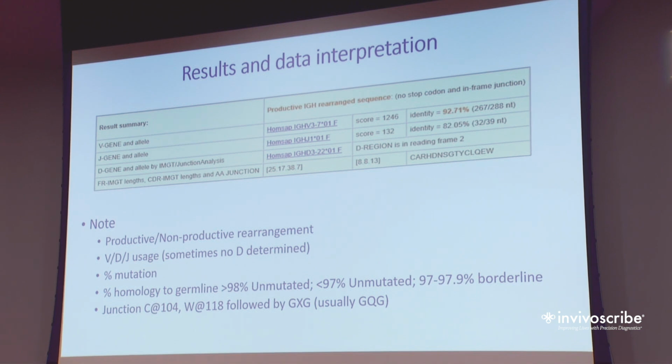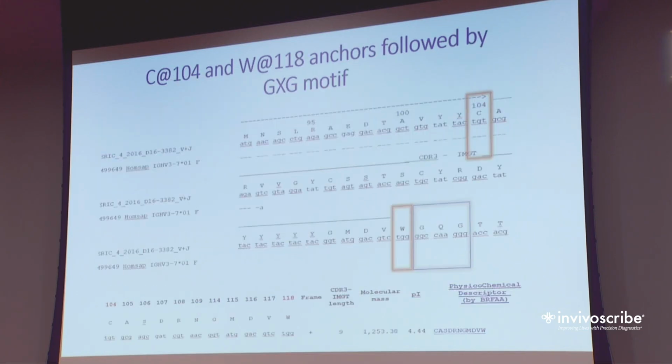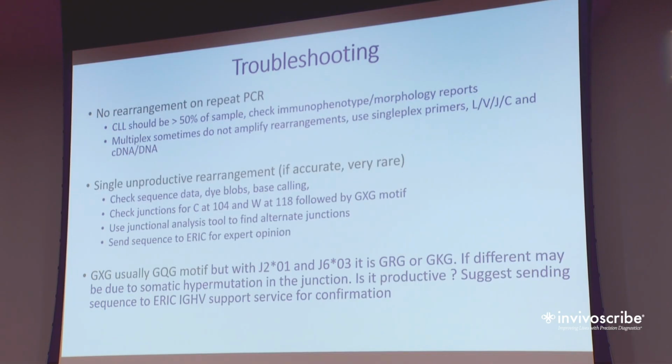In the FR4 region, there should be a cysteine at amino acid position 104, a tryptophan at 118, and they're usually followed by a GXG motif. Now, that's actually usually a GQG motif. When you put it into that IMGT website, it gives you all this data. So look down and make sure the C is there at 104, the W at 118, followed by a GQG.